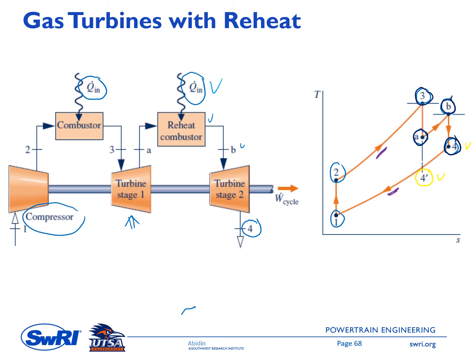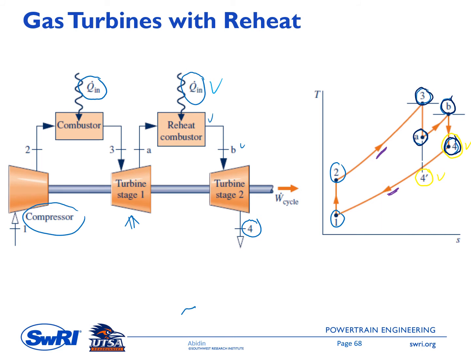Without a reheat combustor, the exit of the turbine will be at state 4 prime. By having a reheat combustor, the state at the turbine exit will be state 4 here. And you can see the temperature at state 4 is higher than the one at state 4 prime.